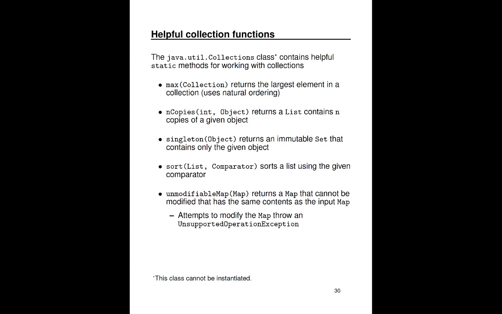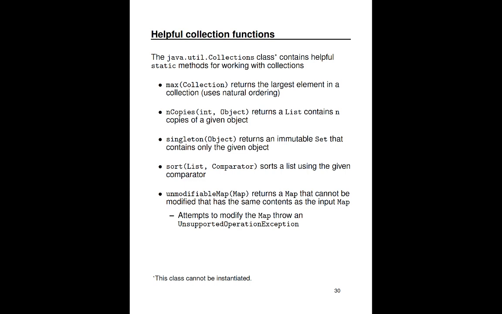So you can get things like the maximum element in a collection. You can pass it any collection, and it'll use the natural ordering of those objects to find the maximum value. The nCopies method will return a new list object that contains a given number of copies of a particular object. There's a method called singleton where you give it an object and it returns a set that contains one and only one object.